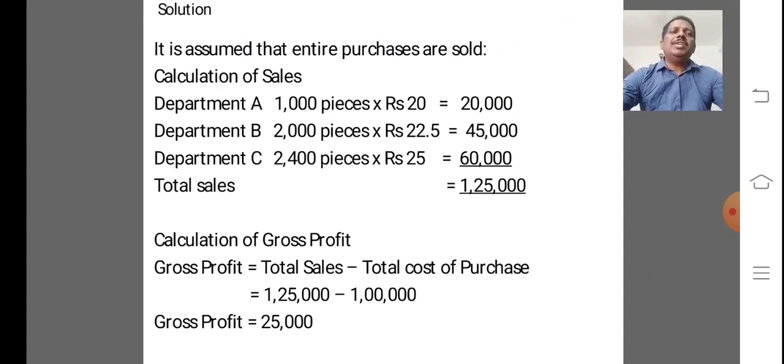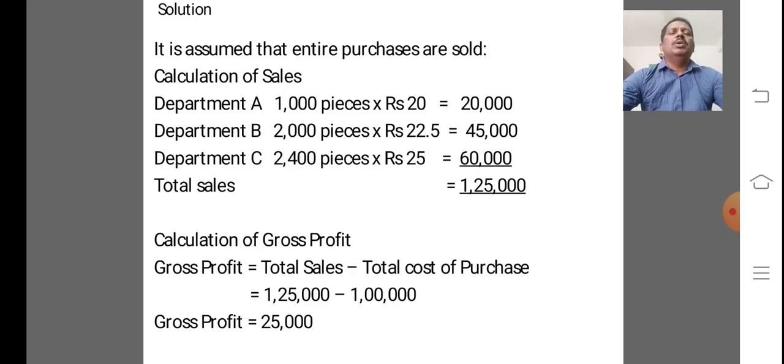So by using this information, we are working. It is assumed that the entire purchases are sold. First, we calculate sales. Department A: 1000 pieces into rupees 20 is equal to 20,000, and Department B: 2000 pieces into rupees 22.5 is equal to 45,000.